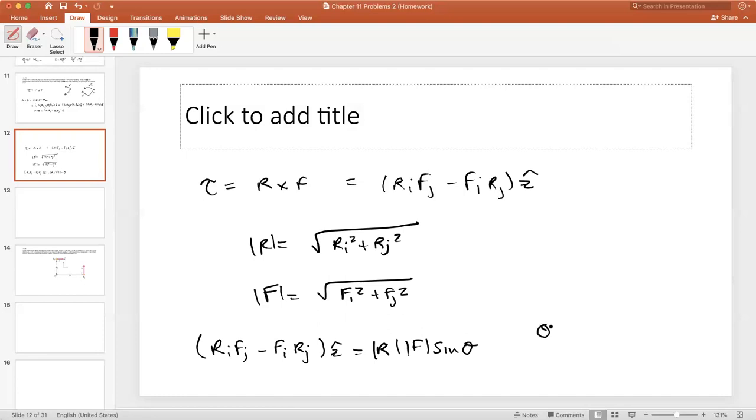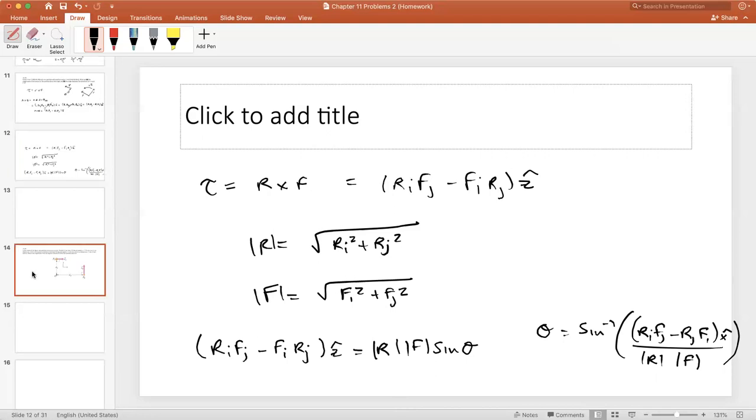And therefore, the angle between them is the arc sine of RI FJ minus RJ FI over the magnitude of R times the magnitude of F. Okay, simple enough. I don't think there's much more to say about this one. It's just practice with using the cross product.